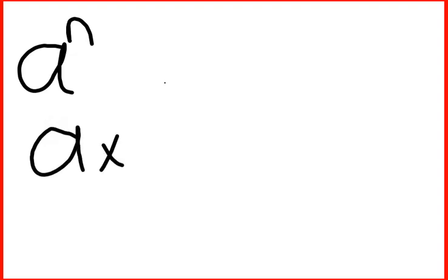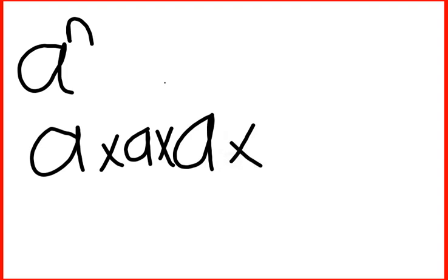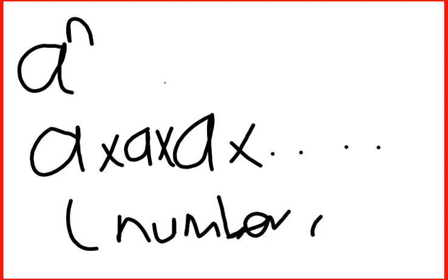So what does a to the power of n mean? It means we multiply a, n number of times. Let's take 4 to the power of 6.